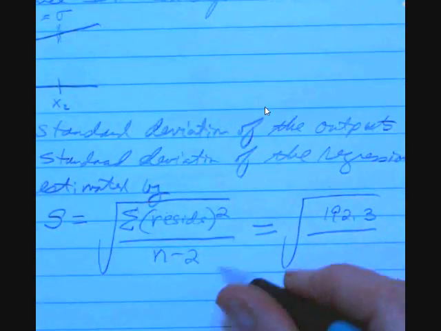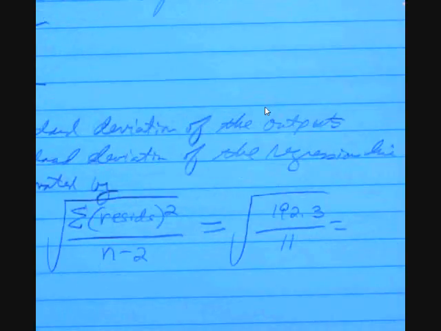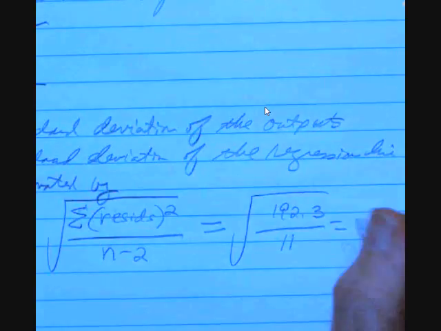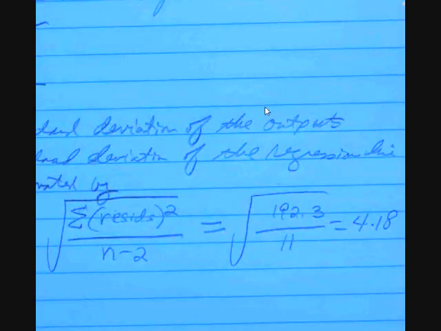So n minus 2 is 11. So my standard error of the regression line is, I get 4.18. I have rounded a little bit. Okay.